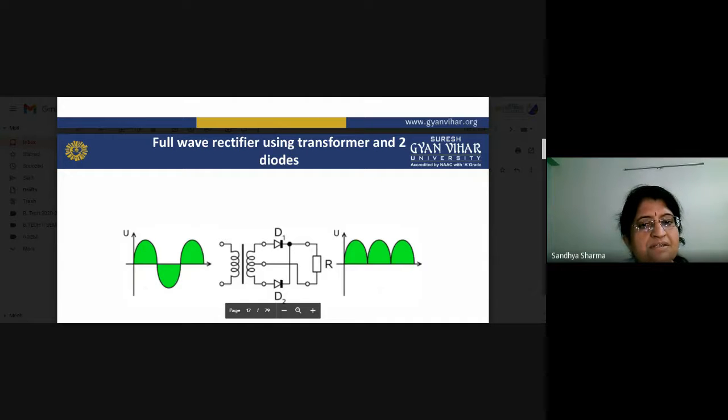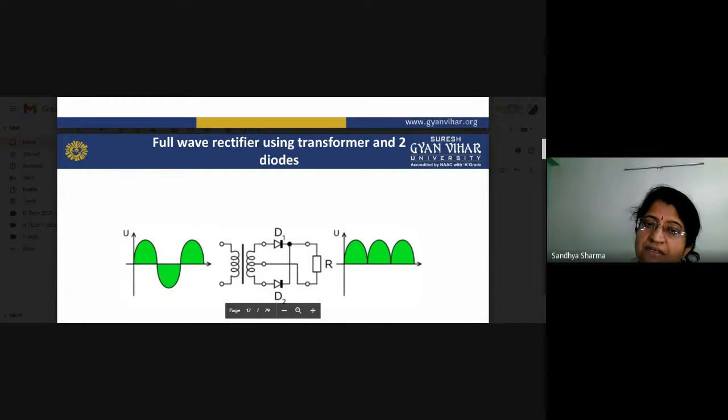With respect to the center, diode D1 will be forward biased, but D2, since the lower part is the negative supply, will be reverse biased. So only diode D1 will conduct, and D2 offers a very high resistance, so it works as an open circuit.